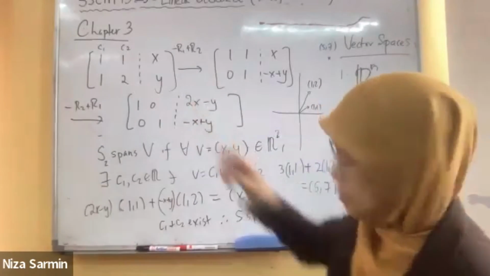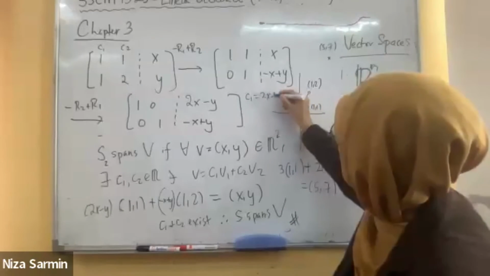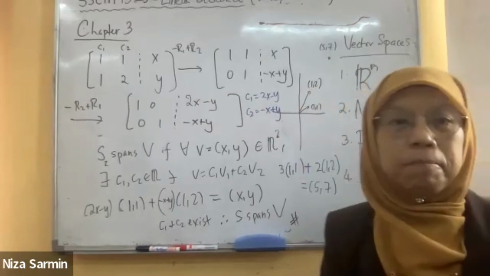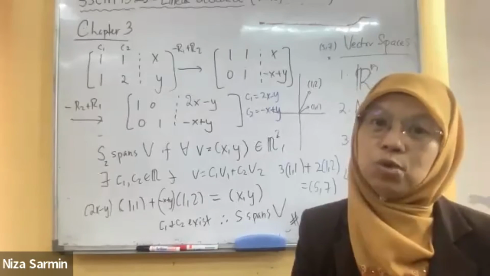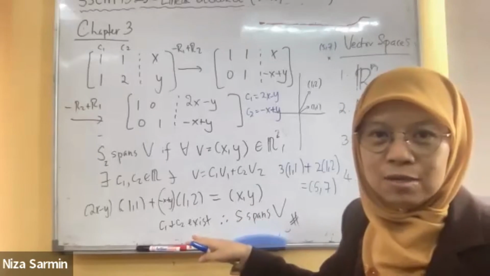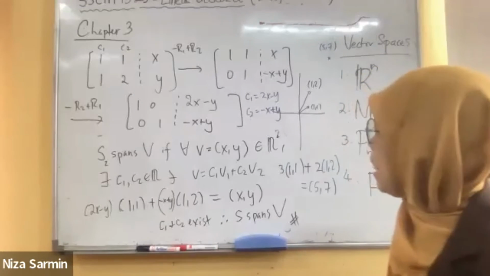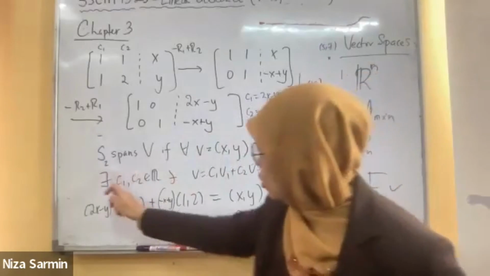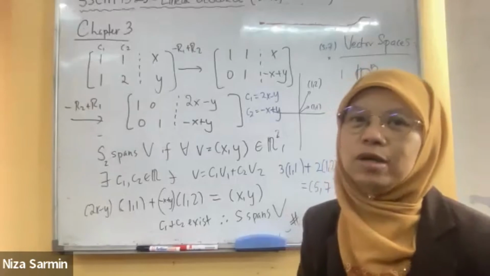C1 is 2x minus y. C2 is negative x plus y. I get C1 and C2 in terms of x and y. But you cannot get two different answers like just now, right? So this shows that you have found the C1 and C2 in terms of x and y.